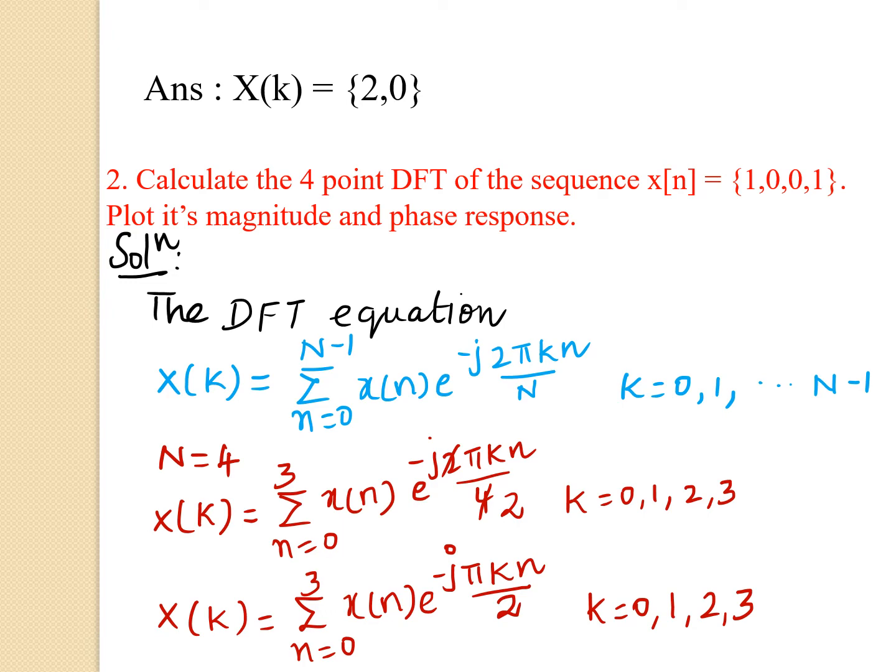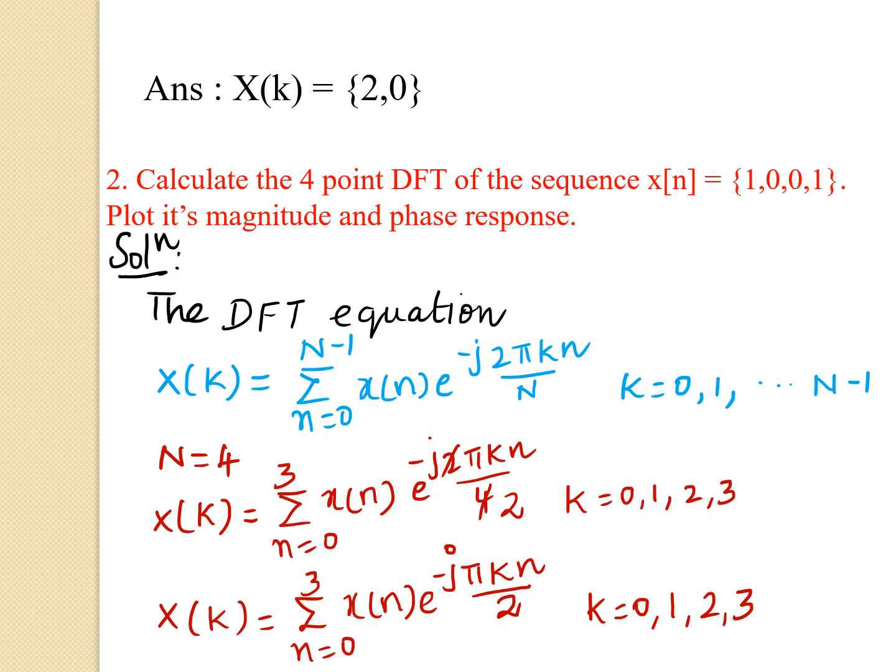So substitute for n minus 1. So 4 minus 1 will be getting 3. So k takes the value of 0, 1, 2 and 3. In here we can simplify this expression.